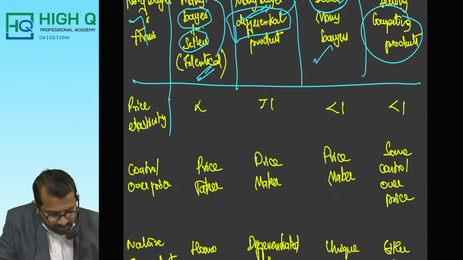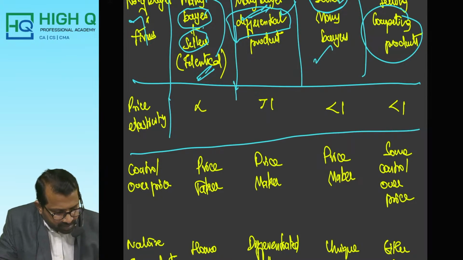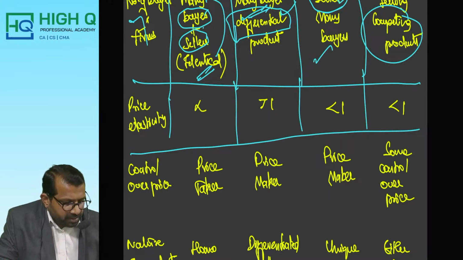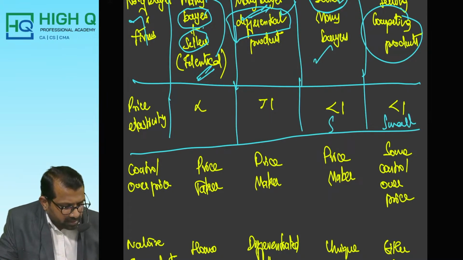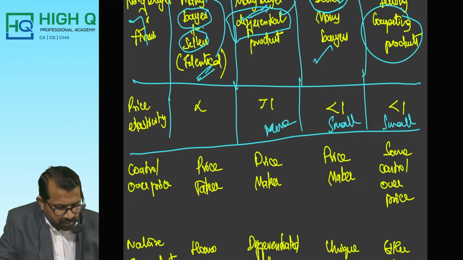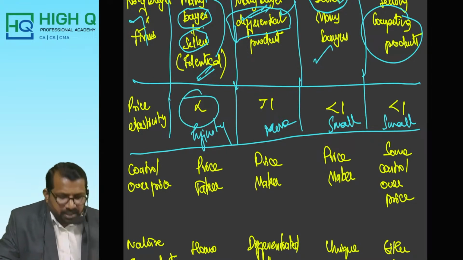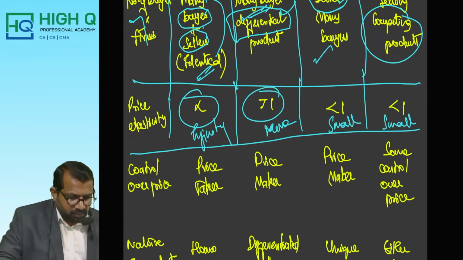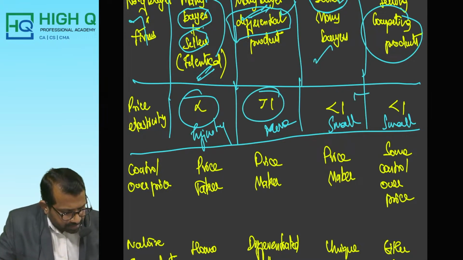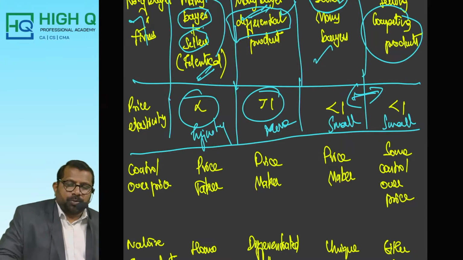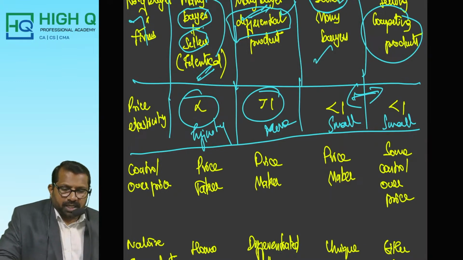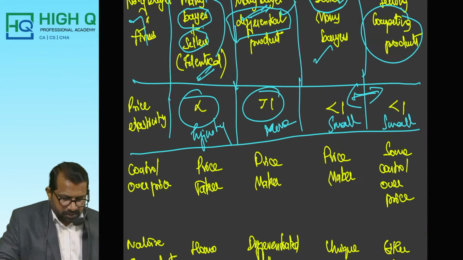Now just see price elasticity. Price elasticity of demand in perfect competition is infinity. In monopolistic competition, greater than 1. But in these two, monopoly as well as oligopoly, the elasticity of demand is less than 1.